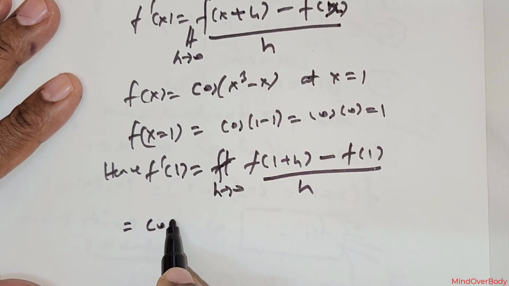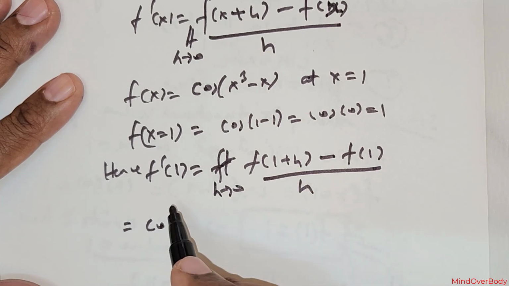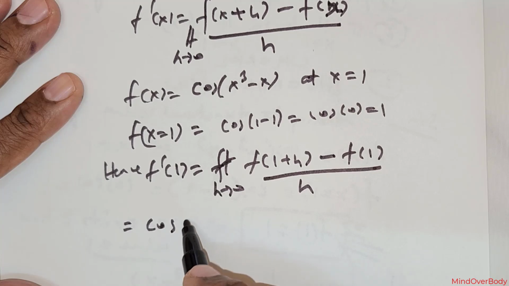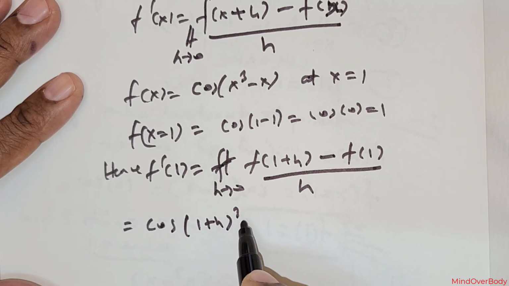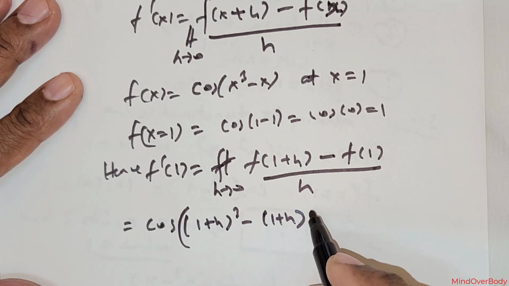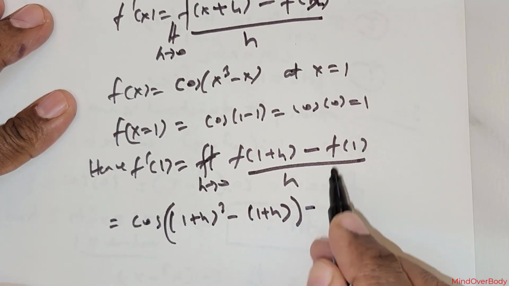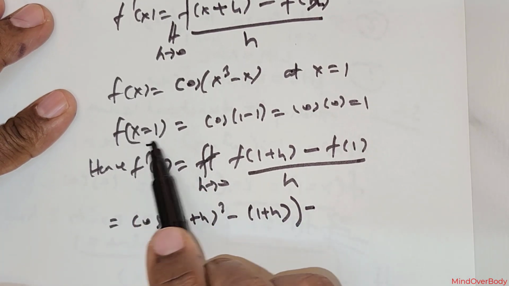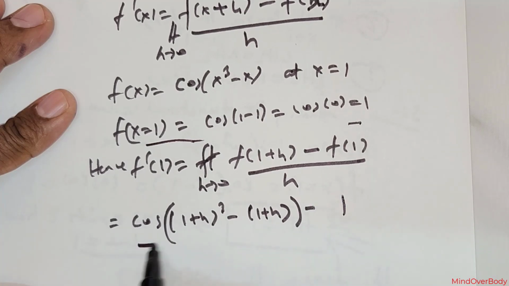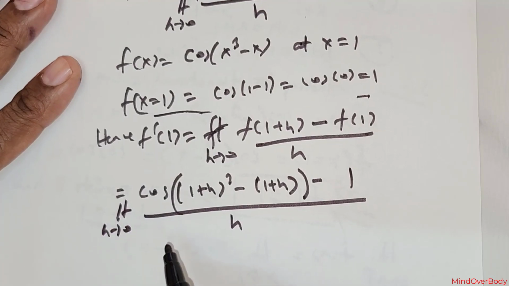So this is going to be cos((1 + h)³ − (1 + h)), followed by f(1) which is 1. This is divided by h, of course, limit h tending to 0.